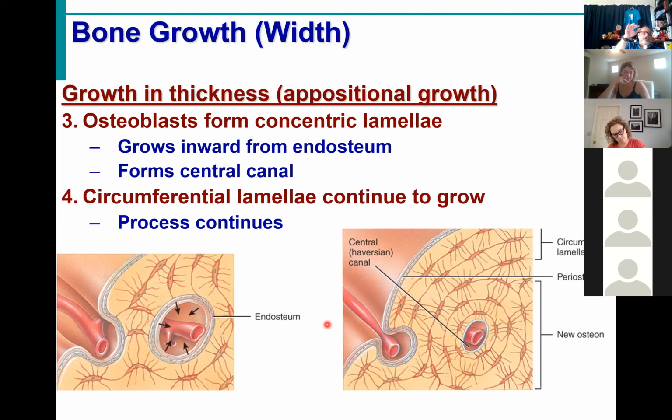And in intramembranous ossification, it wasn't until the periosteum formed on the outer surface that we then made that outer cortex of compact bone. We need that organized periosteum on the outer surface to be able to make compact bone. So not only can we grow it in width, but we need that periosteum to make our osteons. So we can incorporate those blood vessels, make them part of the bone, and make those osteons.